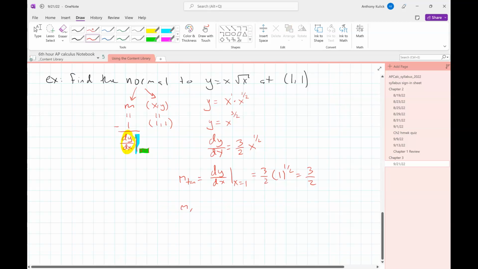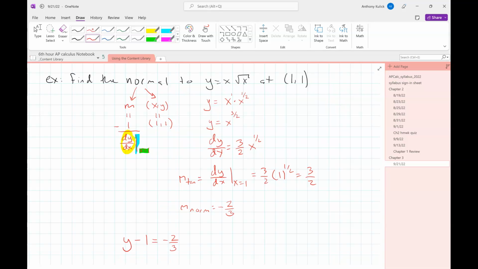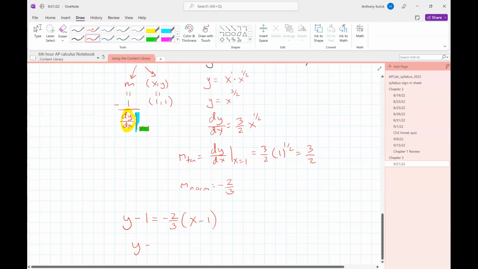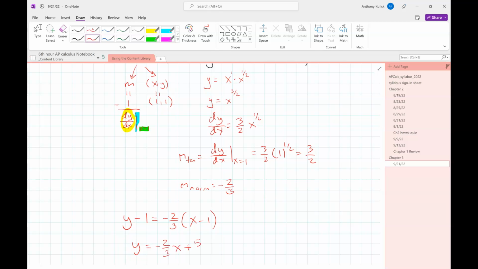So the slope for my normal line would be the negative reciprocal of that, so negative 2/3. And now I can just do my point-slope equation for a line: y minus y1 equals m times (x minus x1). Distribute through the negative 2/3 and then add over the 1. And here's my equation for my normie.